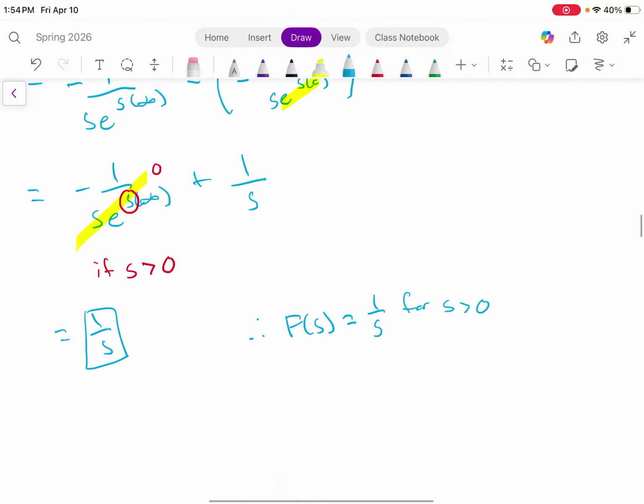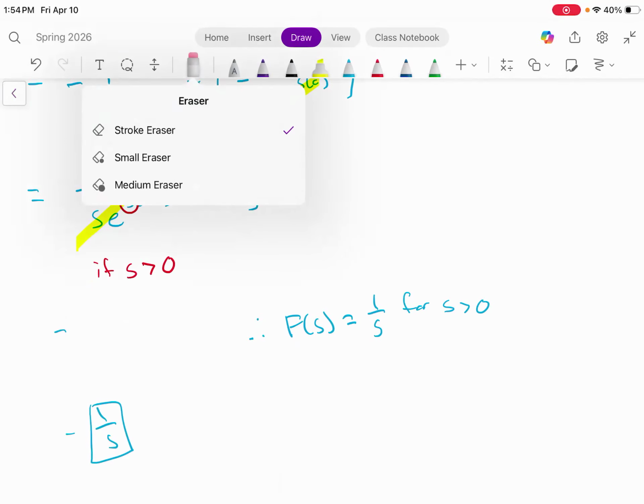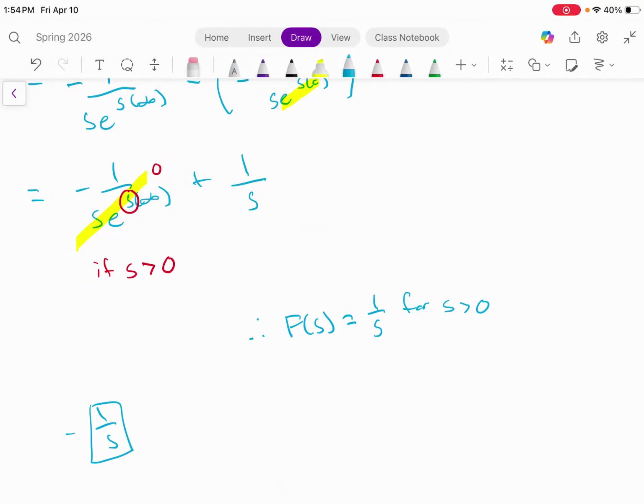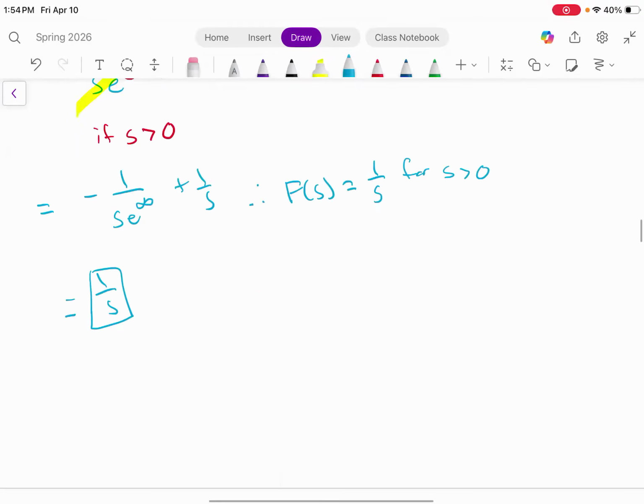Let's take that another step. If s is positive, then this is negative 1 over s e to the infinity, which also goes to infinity.